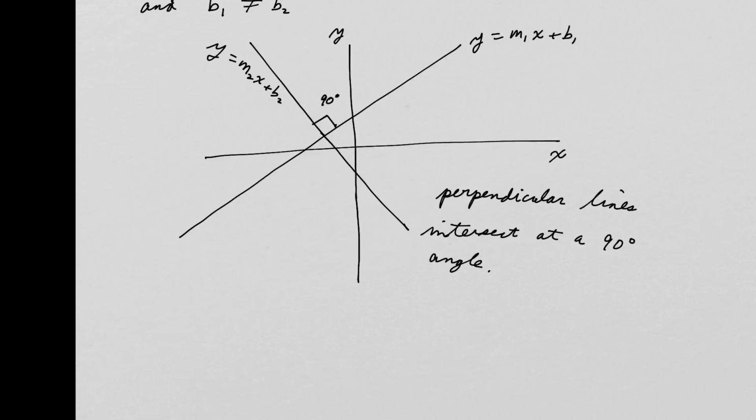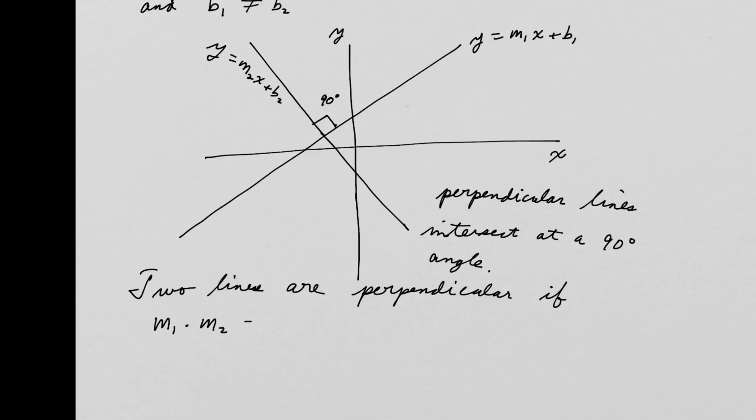So two lines are perpendicular if, and the test is, if m1 times m2 is equal to -1.